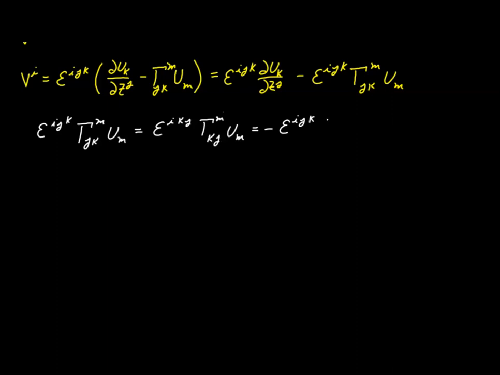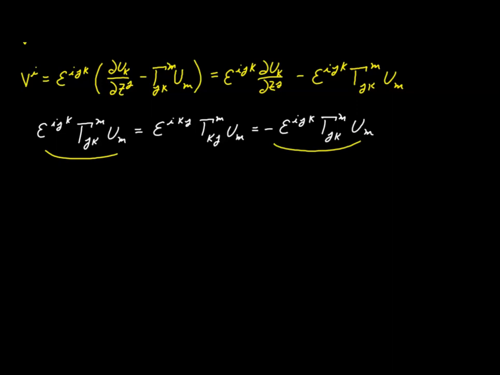So this term is equal to gamma m jk, because, again, swapping these indexes does not change the sign of this factor. And finally, um. Okay, now I think you can see that this expression is the additive inverse of this one.